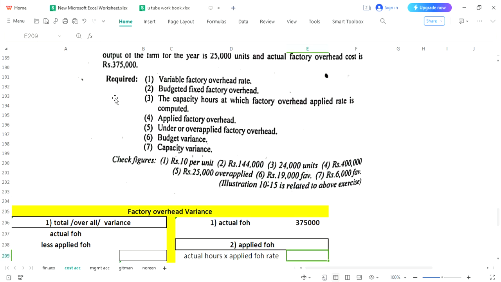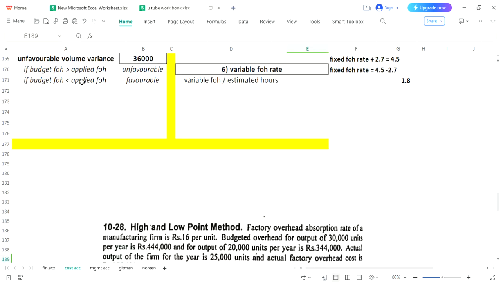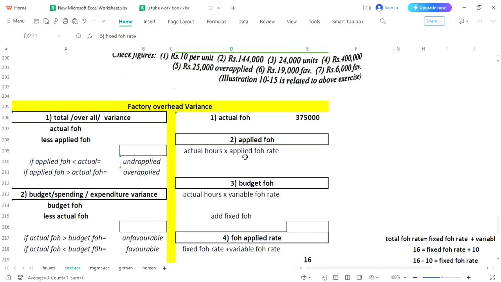We are now able to calculate applied FH. For that, actual hours are given over here, 25,000 units. You can put 25,000 units over here, and you need to multiply it with the applied FH rate, which is 16, mentioned in the question as well, and we have written it over here.